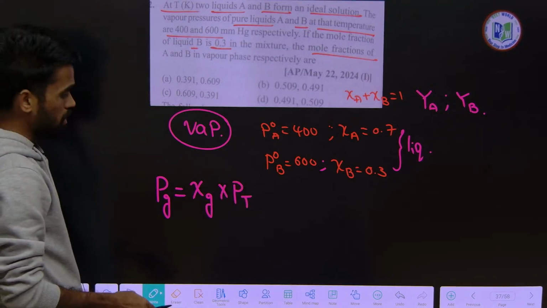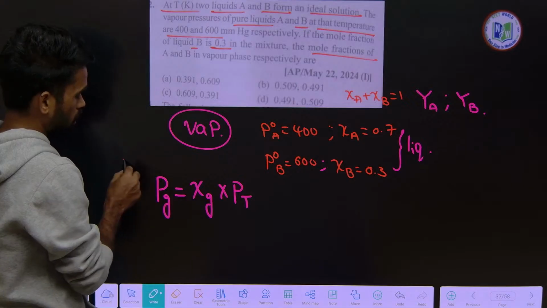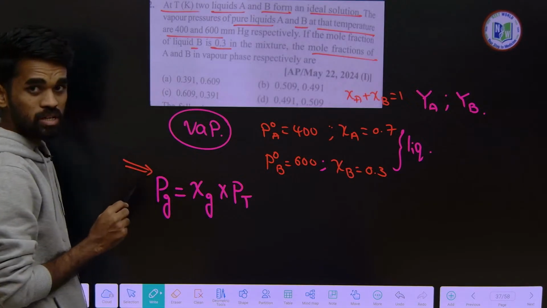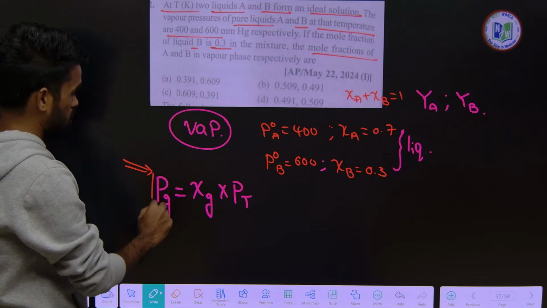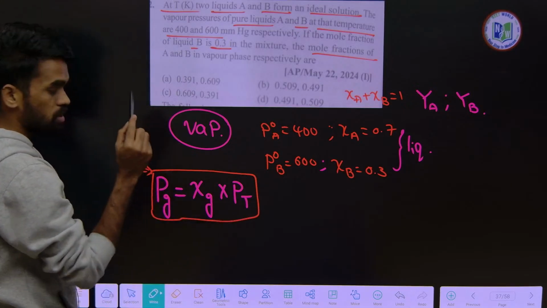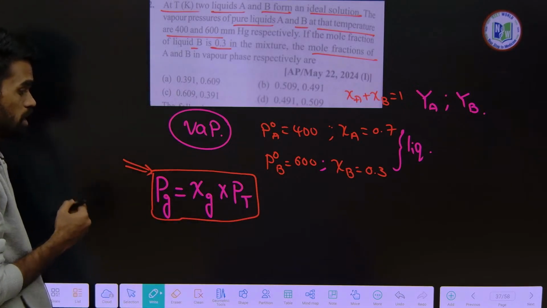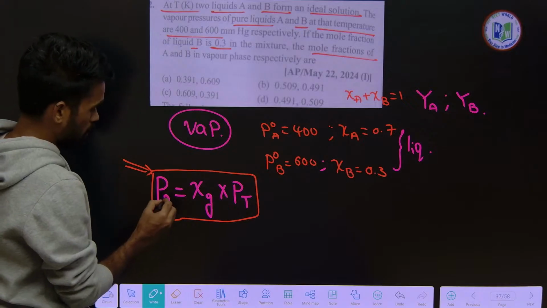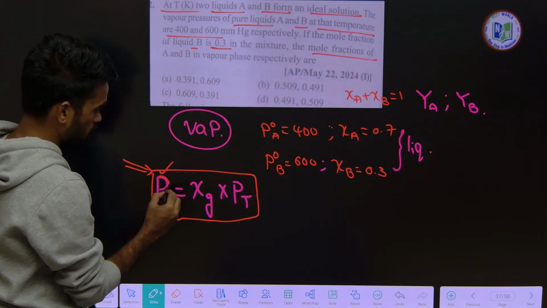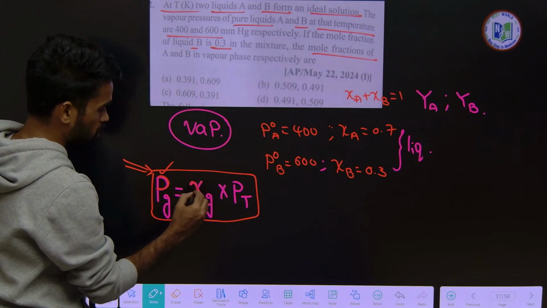This law is applicable for gases only, not for liquids. For a particular gas, the partial pressure of that gas is directly proportional to its mole fraction.